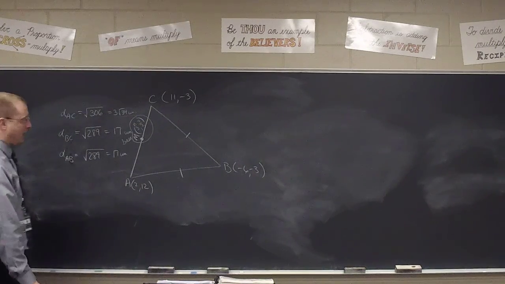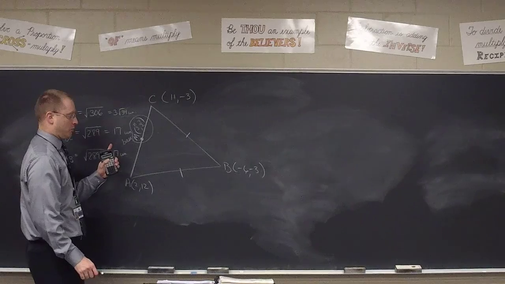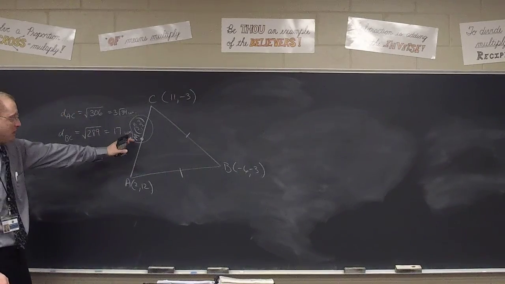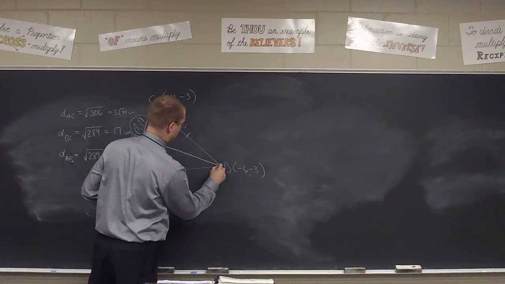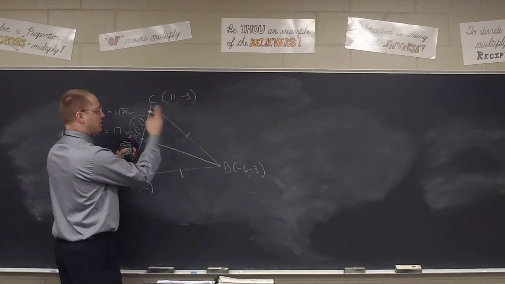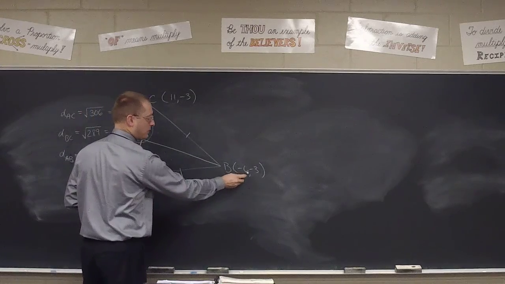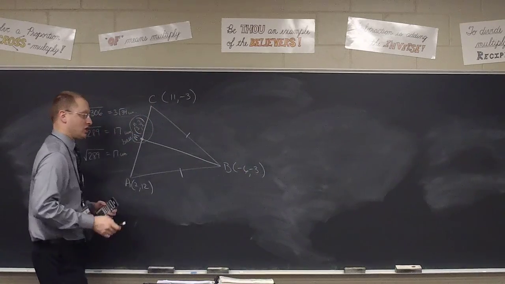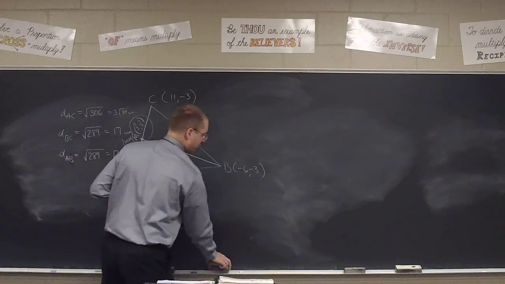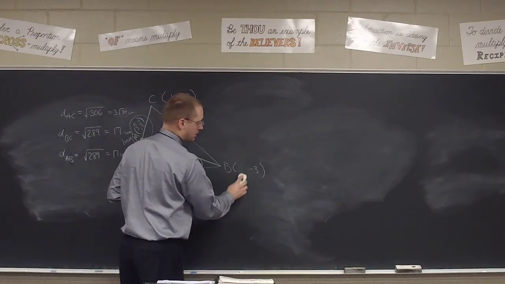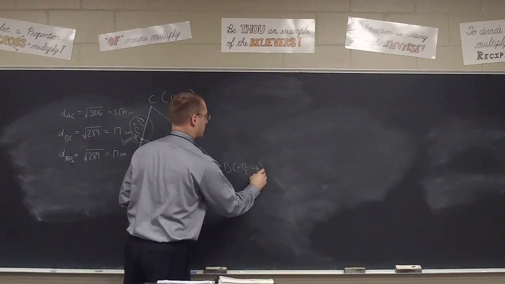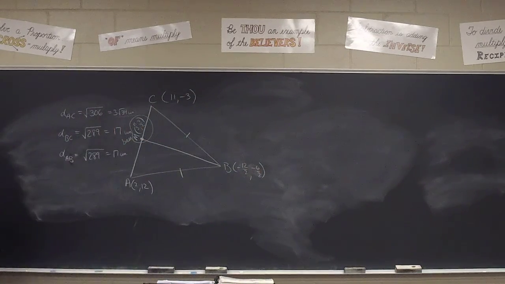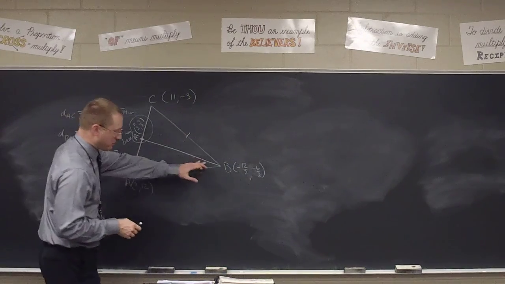We want to show that the median goes to this midpoint from point B. Since it goes from B to this midpoint, it might behoove me to rewrite these points as fractions. -6, for instance, class, could be written -12 halves, and the -3, -6 halves, might make it a little easier to calculate some things with this median.